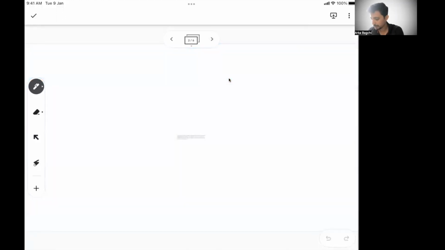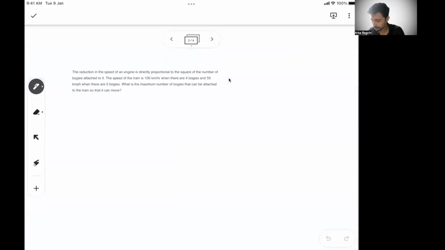So the next problem. Again, pause the video, try to solve it by yourself, see where you are stuck, and then come back and see the solution. They said the reduction in the speed of an engine is directly proportional to the square of the number of bogies attached to it. So can I say reduction in the speed, not the actual speed?